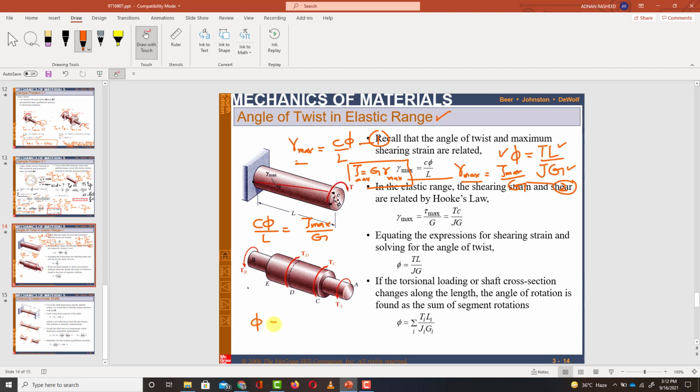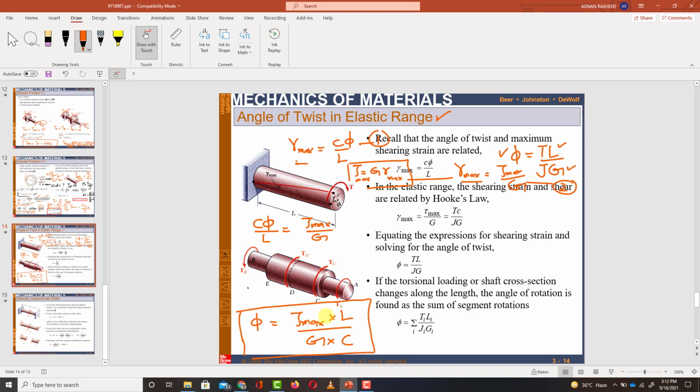So phi will be equal to tau max into L over G into C. So this is the angle of twist for maximum.